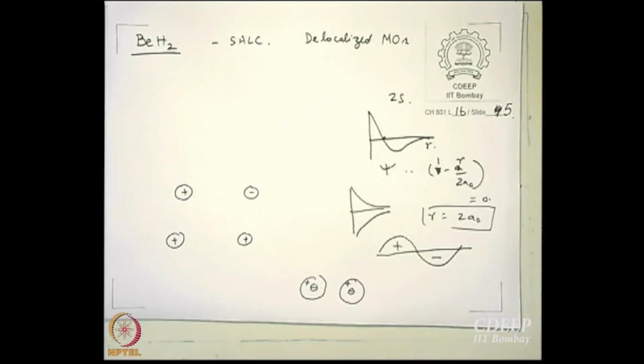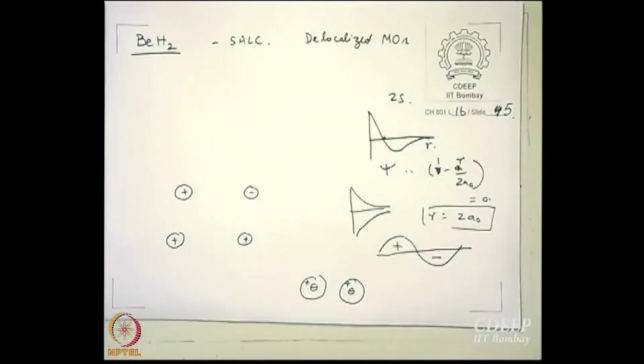Only the valence shell. 1s energy is much less, so only the valence shell reacts, isn't it? So we only concern ourselves with the valence shell usually. It is 2s2, right? So what is the valence shell? It is n equals 2. So 2s and 2p can actually contribute.